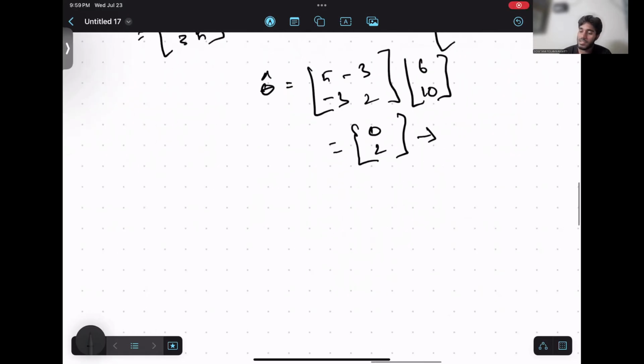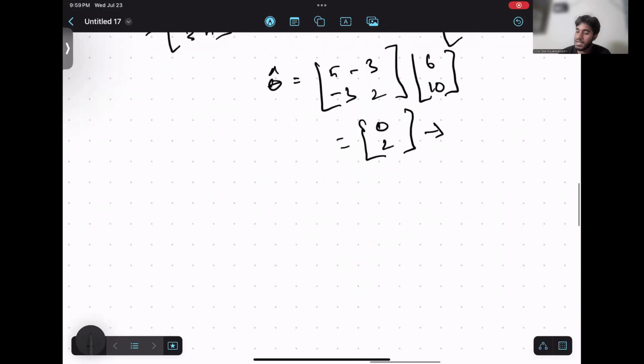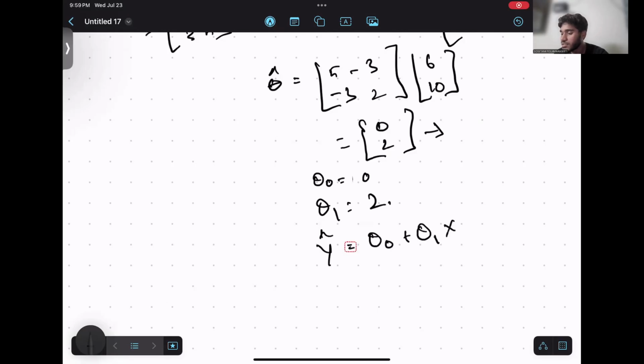So now from this we can infer that theta naught is equal to 0 and theta 1 is equal to 2. So y hat, which is equal to theta naught plus theta 1 of x, is equal to 0 plus 2x, which is equal to 2x.